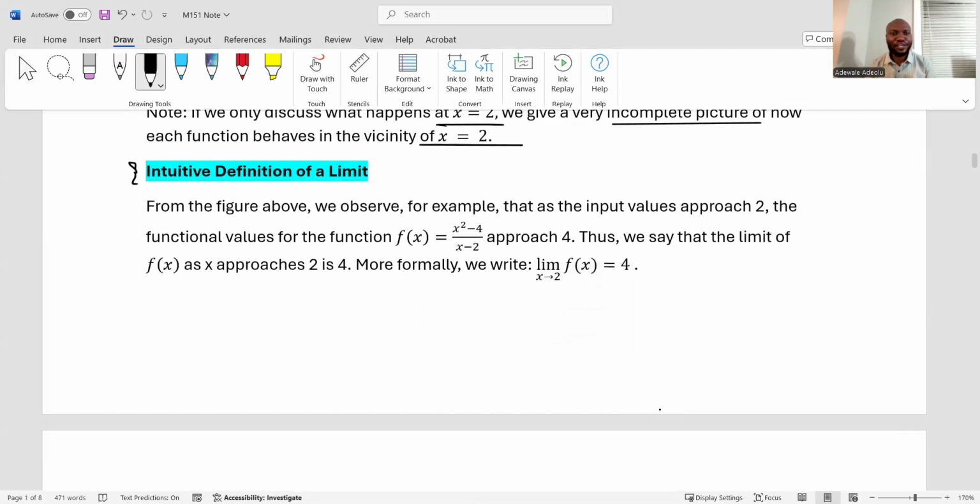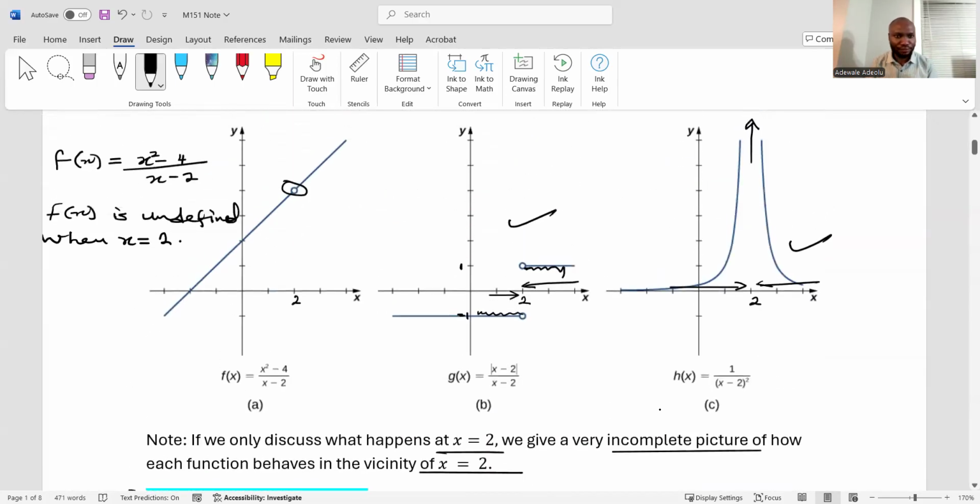From the figure above, we observe, for example, that as the input values approach 2, the functional values, that is the y values for the function, for example the first one, approach 4. Let us go back to see that here.